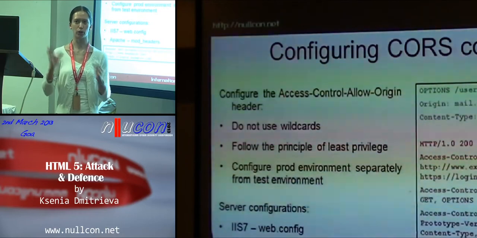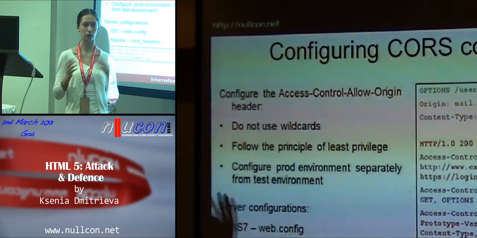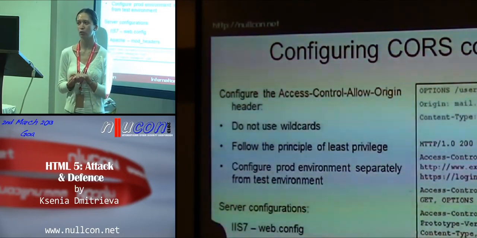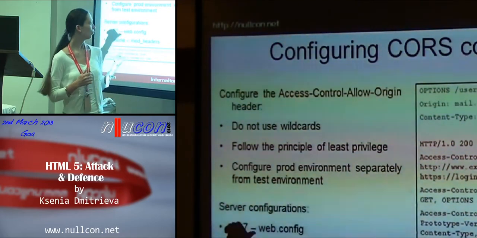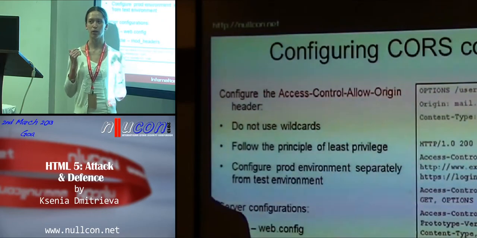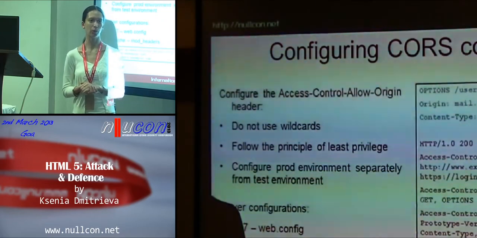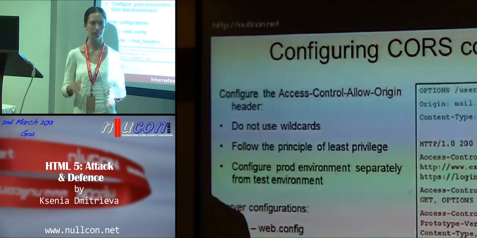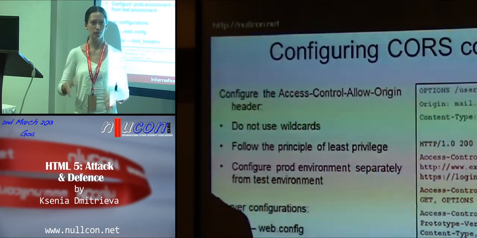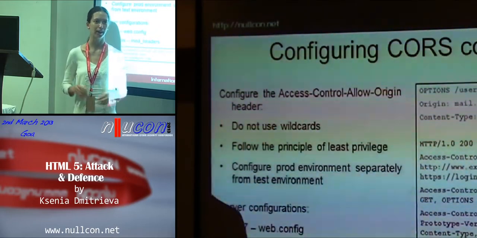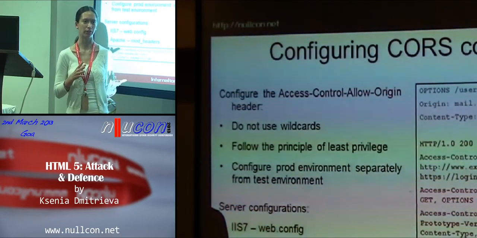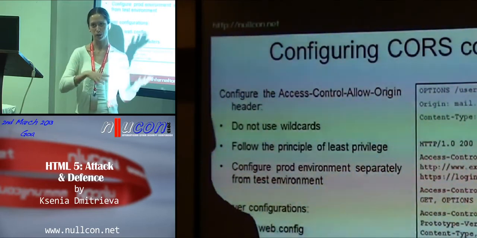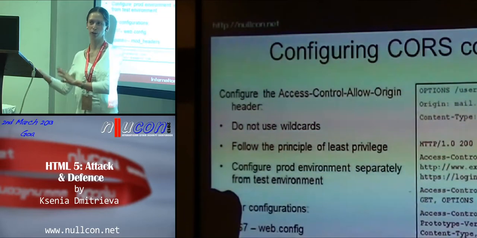So first, you do requests across origins, but even if you do requests in the same origin, you can use CORS to protect from cross-site request forgery. For example, I have mybank.com, and I have the transfer page, the classic example that transfers money from one account to another account, and you use a CSRF to transfer money from a victim to your account, right?